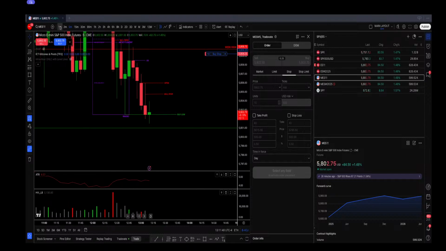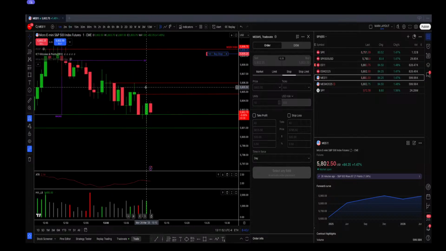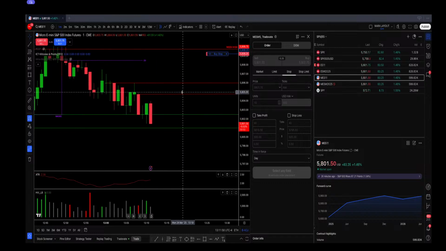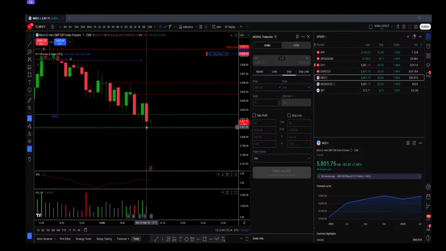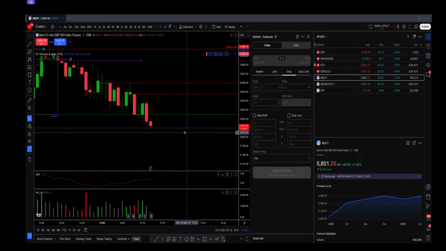Got 3 minutes left. Let's take a peek. This was a buyer's candle, but it didn't have added volume. Here comes the low of initial balance. Hit it.